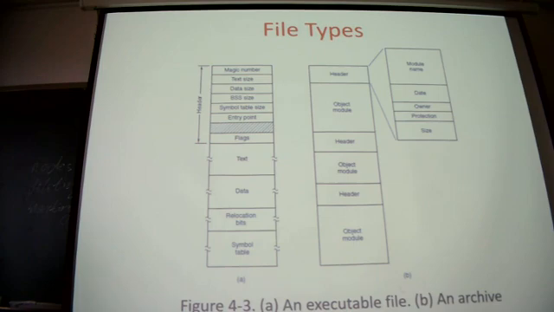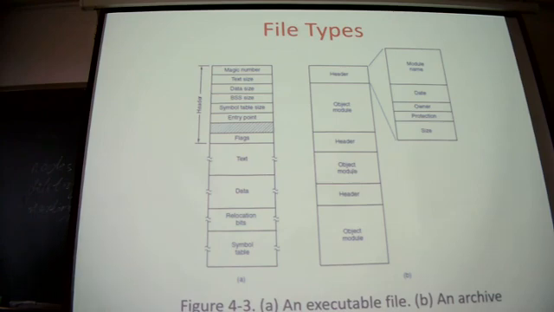The second one is an archive file. We can see that the file structures are different. For example, an archive file has a header, object module, and then header, object module again.